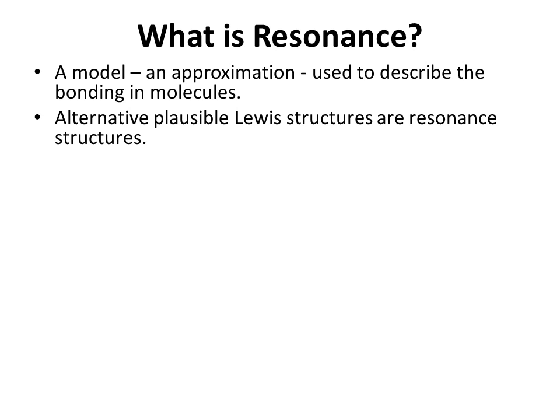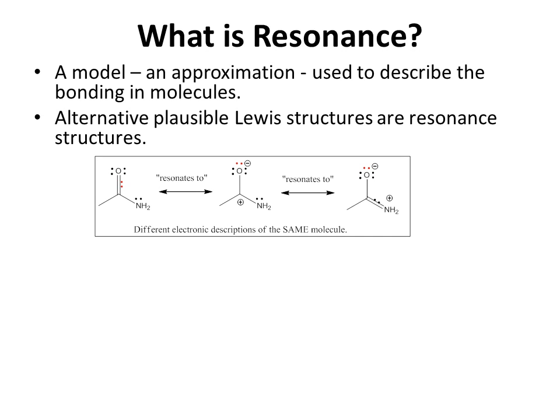So if you look at the example in the middle, the first structure is what you would normally draw for this molecule. It has the right number of bonds, everybody's got an octet, there are the right number of lone pairs on O and N. But if you look at the representation of the pi bond as two red dots, we could say that in an extreme situation, maybe the pi electrons are actually now on the oxygen.